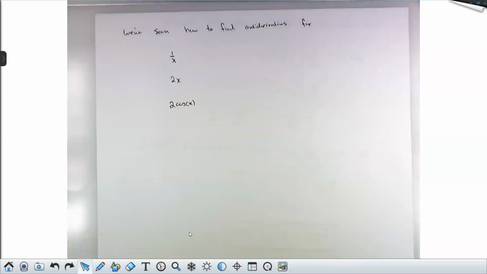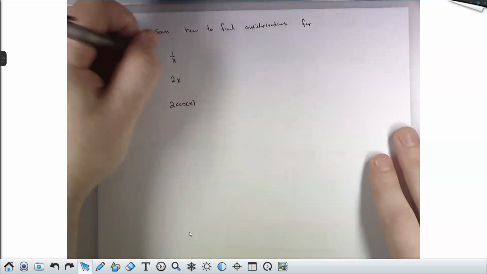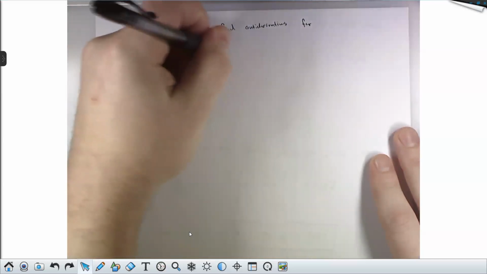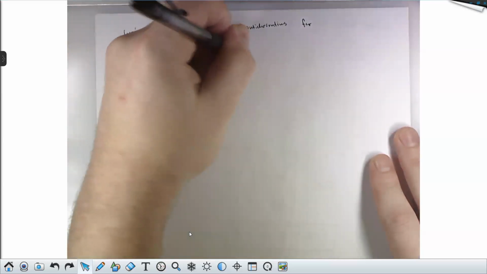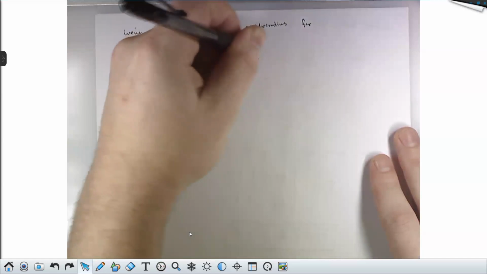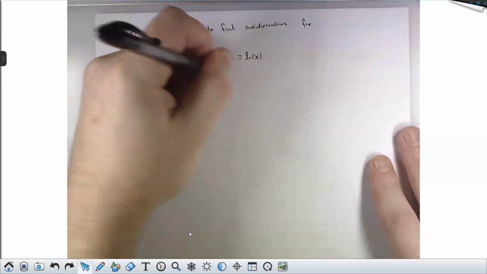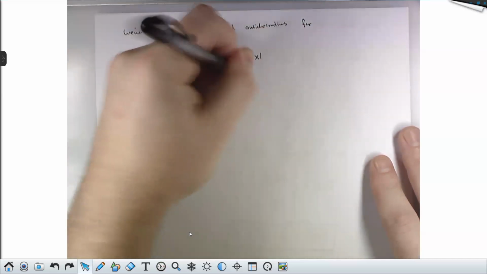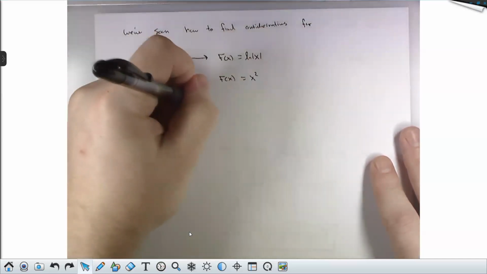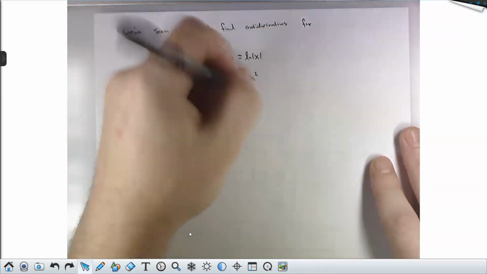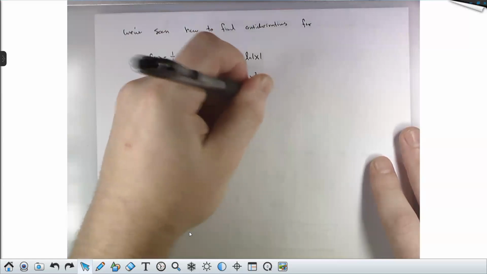It turns out that these sort of antiderivative rules can be generalized. So if little f is 1 over x, we saw that big F, and I'm not going to write the plus c's here, is the natural log of the absolute value of x. Seeing that this guy, 2x, has antiderivative x squared, and this guy, 2 cos x, has antiderivative 2 sine x.